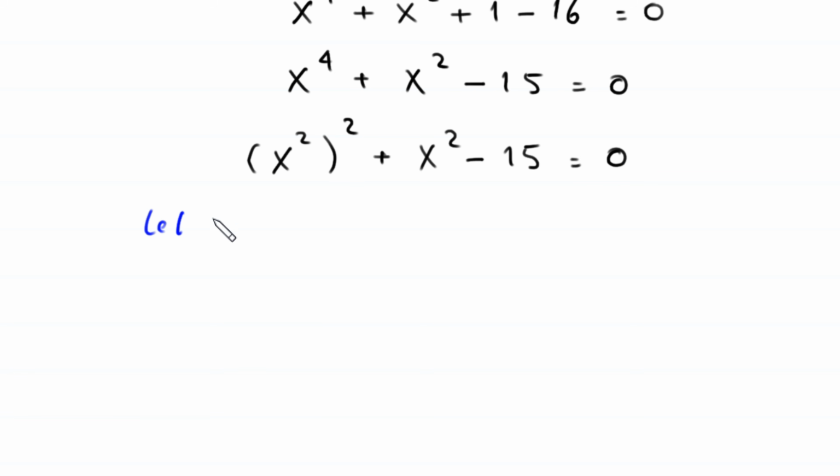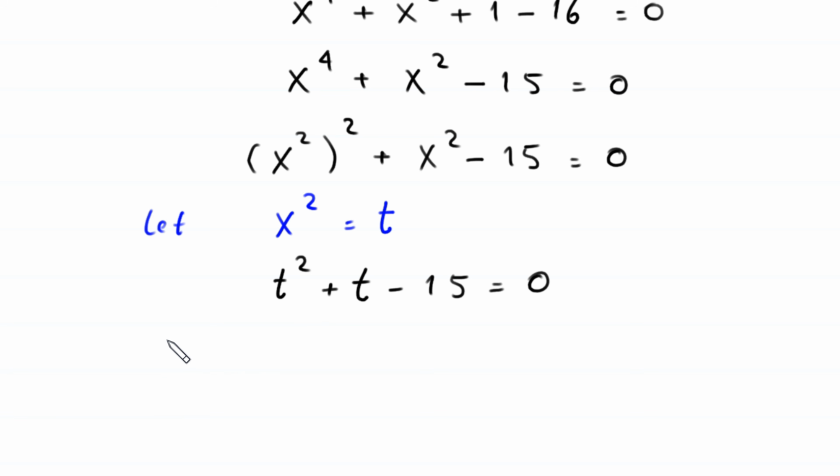To make this a quadratic equation, we suppose that x squared equals t. So the equation will become t squared plus t minus 15 equal to 0. And this quadratic equation is not factorable, so we solve it by the quadratic formula.